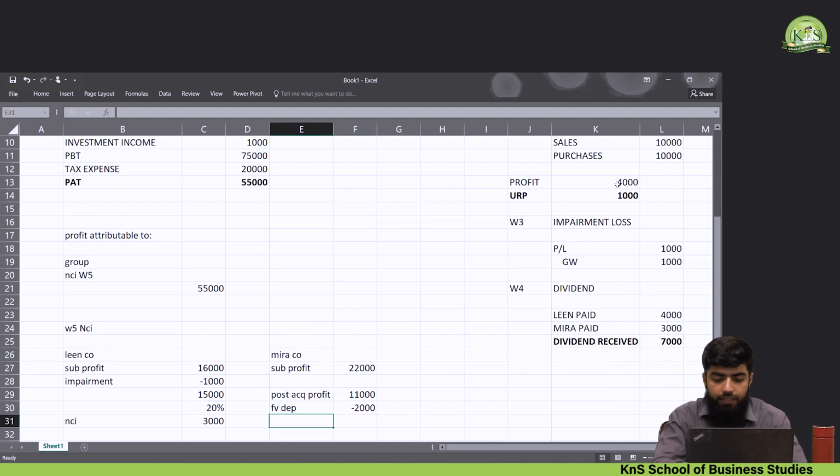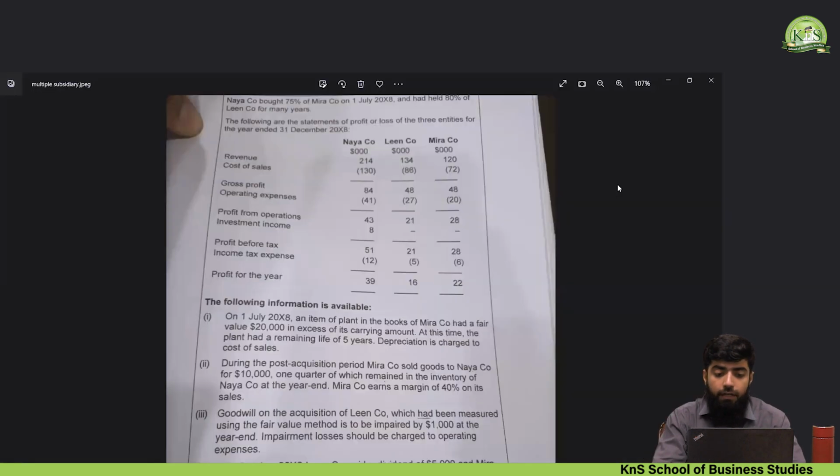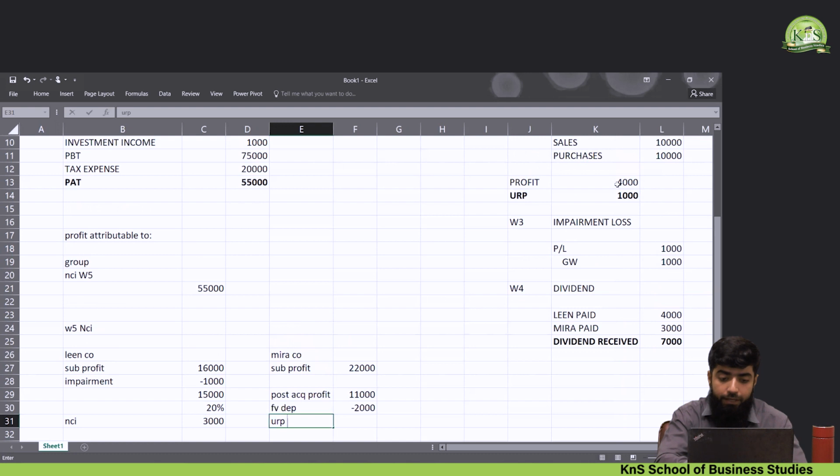Another adjustment is the URP, as goods are sold by the subsidiary to the parent. Always remember, if the goods were sold by the parent to the subsidiary, we won't be entertaining that URP in the calculation of NCI. Since the goods are sold by the subsidiary to the parent, we are eliminating that URP from the subsidiary's profit. The URP amount was 1,000.